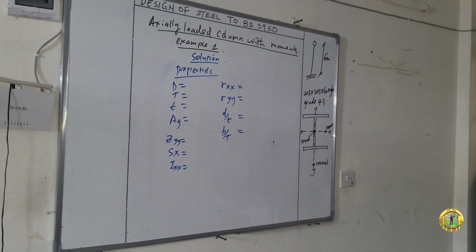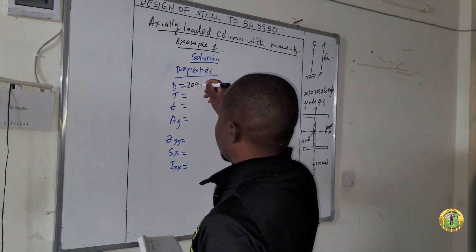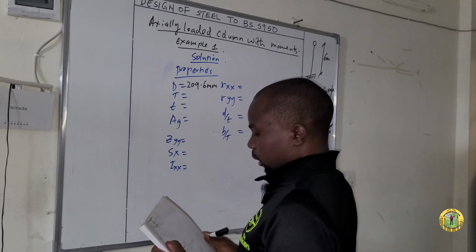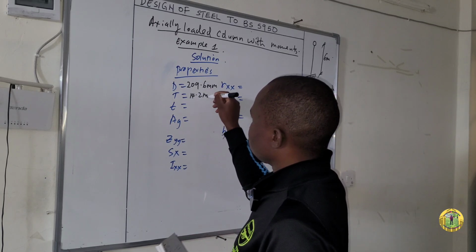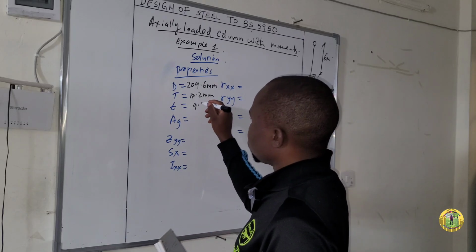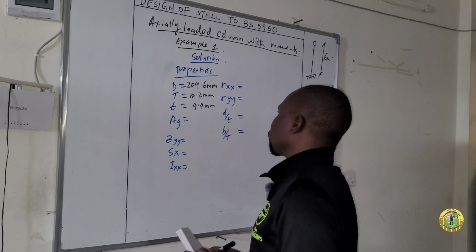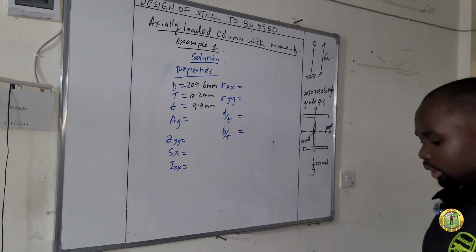So we have D as 209.6 millimeter. Capital T is 14.2 millimeter. Small t is 9.4 millimeter. Be keen on the units because we have millimeters and centimeters.